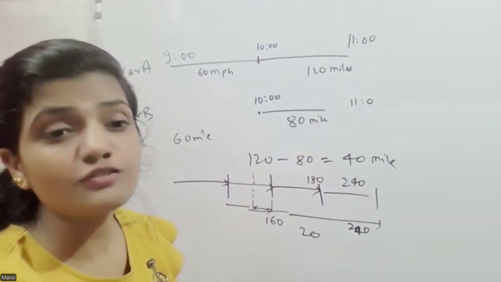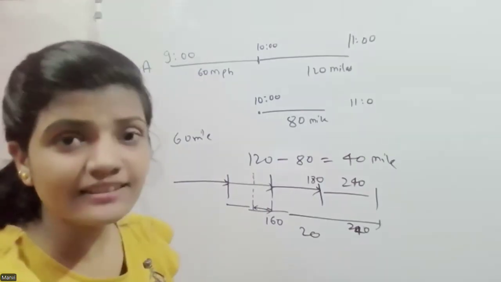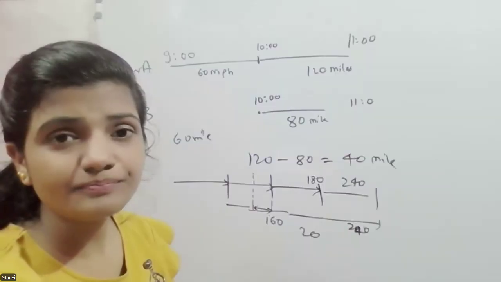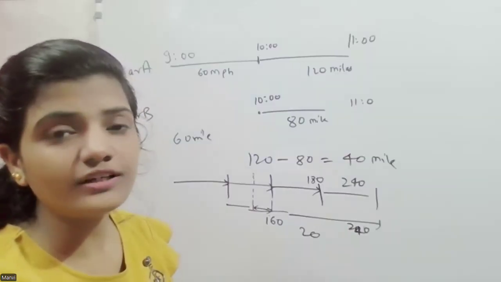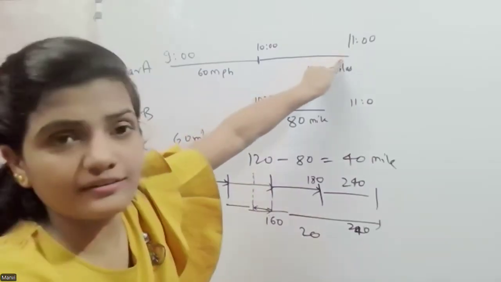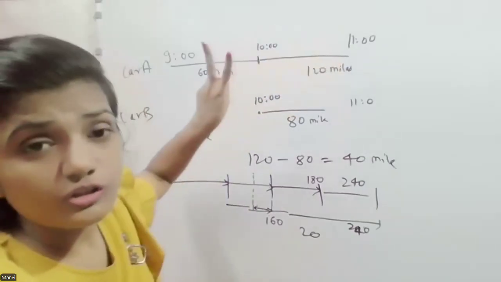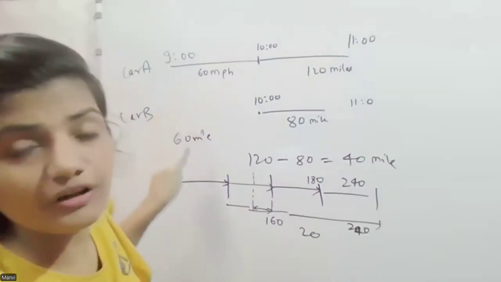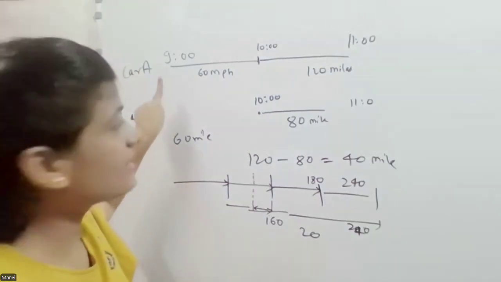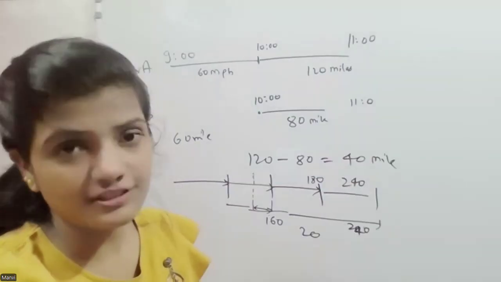In the same direction, we need to subtract the speeds. So the speed is actually 20 miles per hour, and they need to cover that gap. This is at 11, meaning after 2 hours of A and 1 hour of B. If we compare from A, then 2 times 20 is 40.